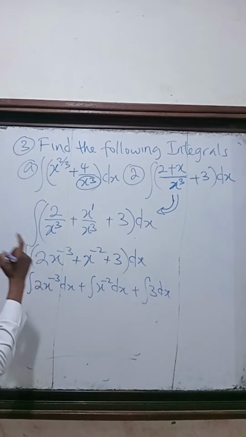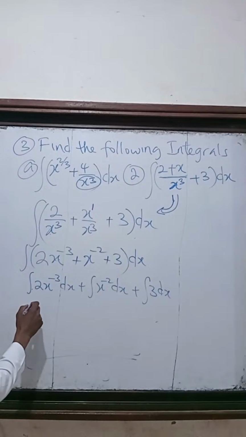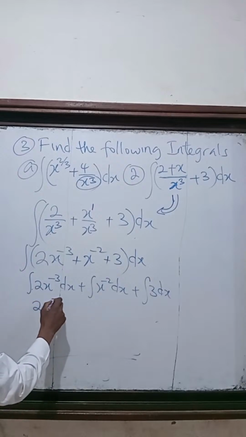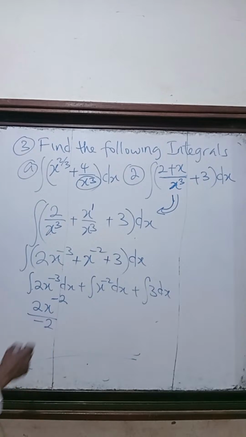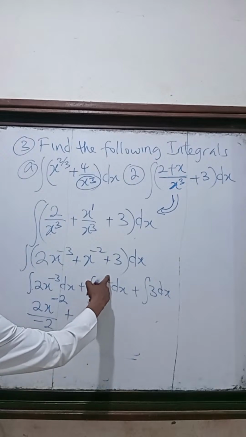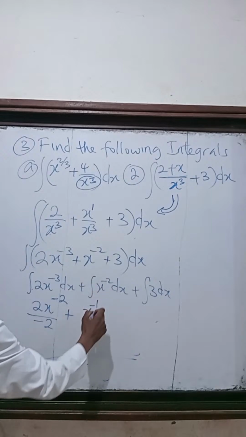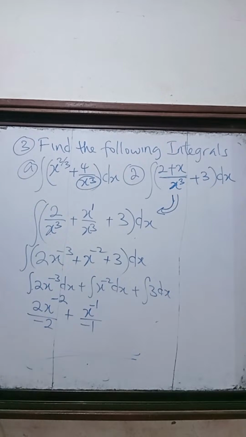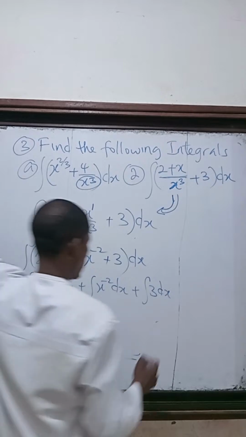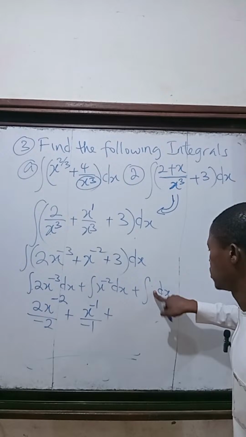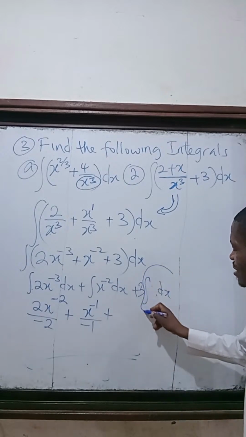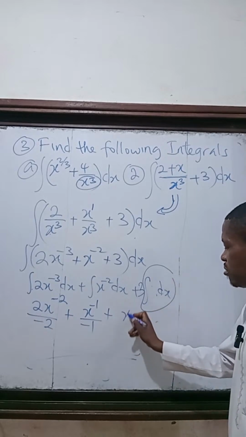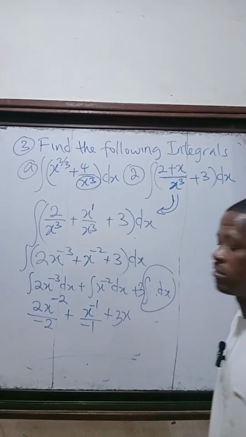So the first one, the power plus 1, that's 2x to the power minus 2 over minus 2. Then plus the power also here, minus 2 plus 1, that's x to the power minus 1 over minus 1. Then plus this 3 can come outside the integral, and the integral of dx is x.